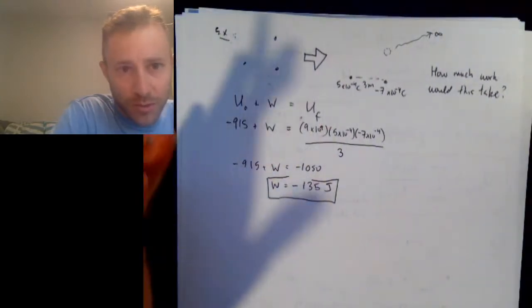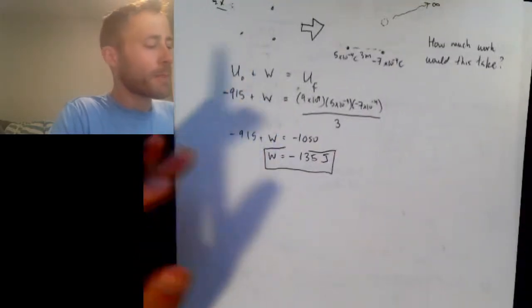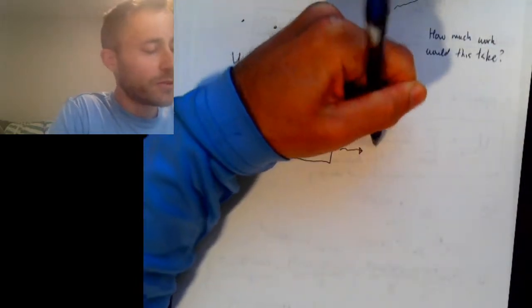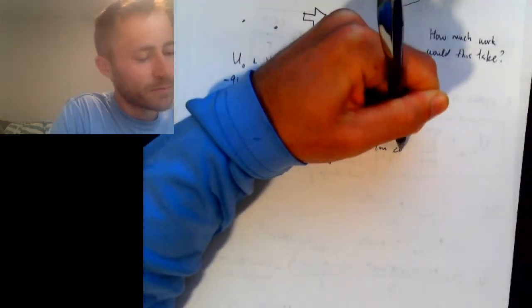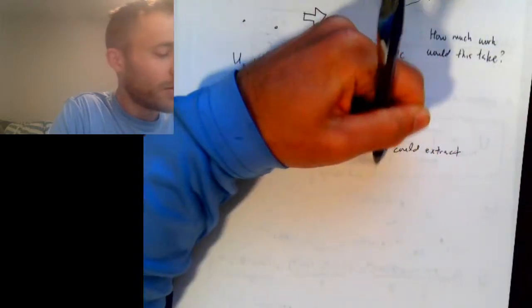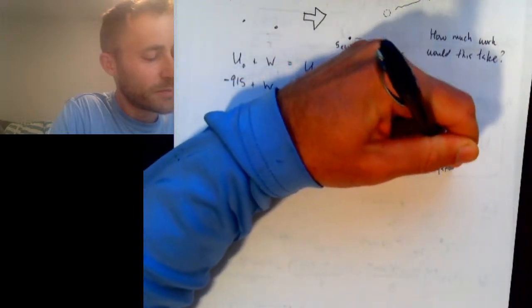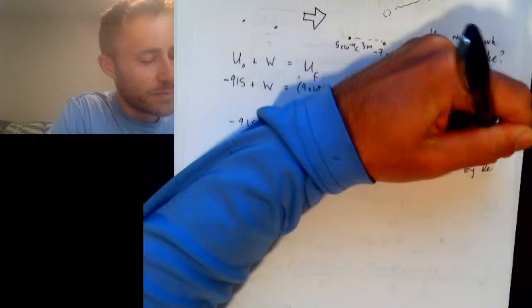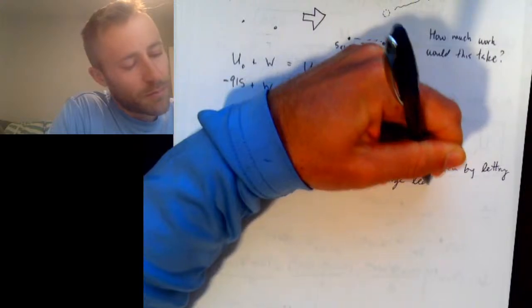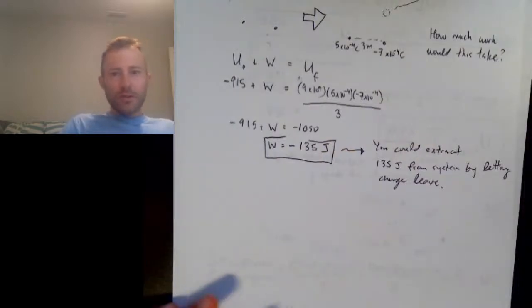It already wants to leave. So basically, you could extract 135 joules from the system by letting the charge leave.